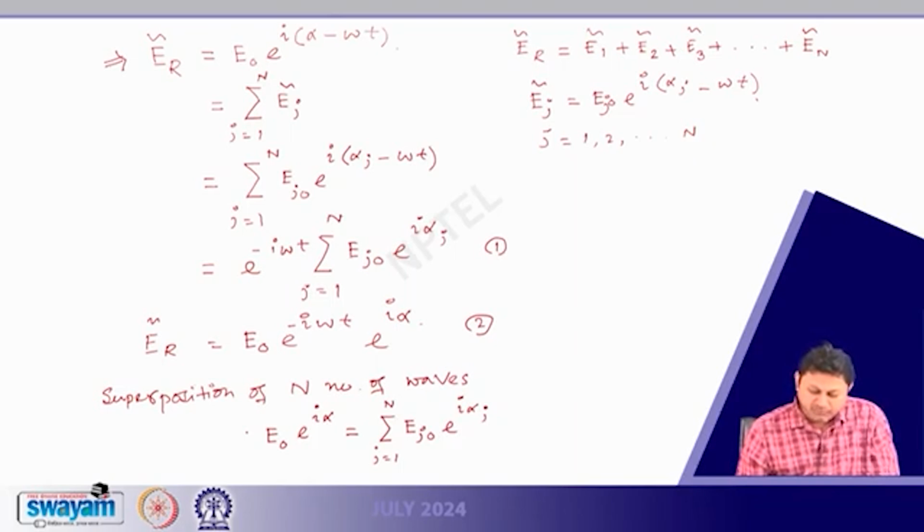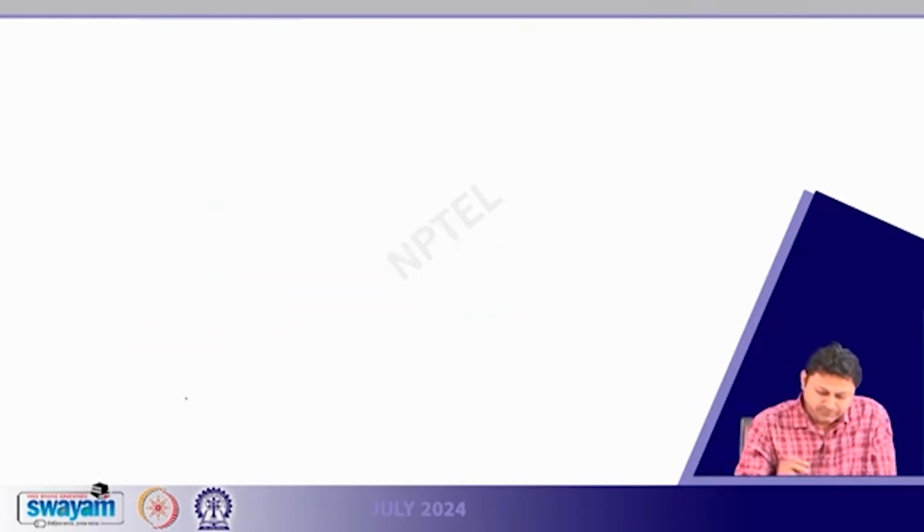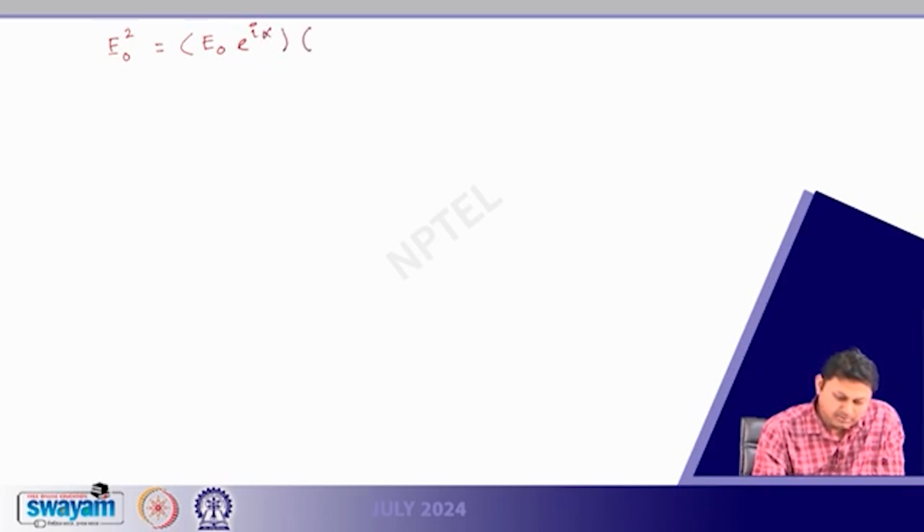Now if someone wants to find out what is the value of E0, so maybe I can go to the next page. Yeah, so if I want to find out the value of E naught, then I can do E naught square, and E naught square is essentially E0 e to the power of i alpha, and then E0 e to the power of i alpha star of this quantity.